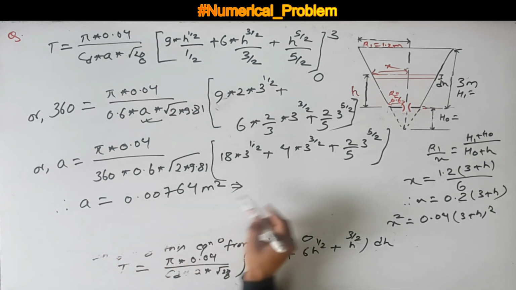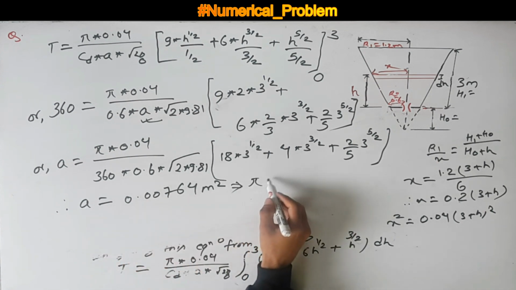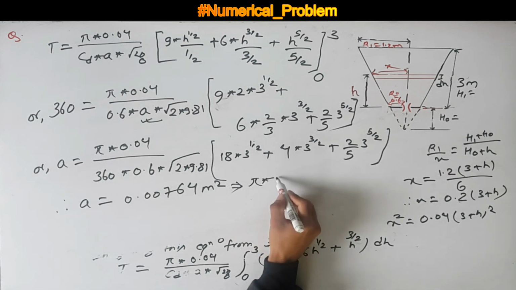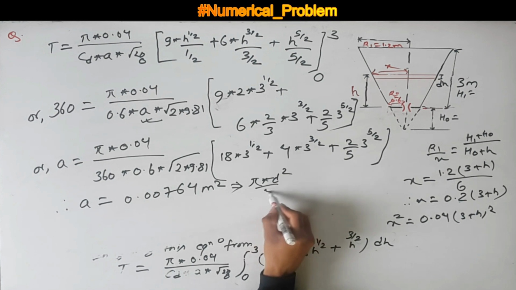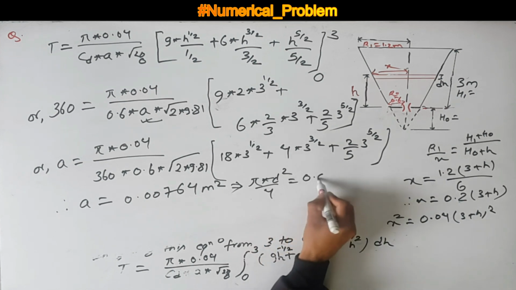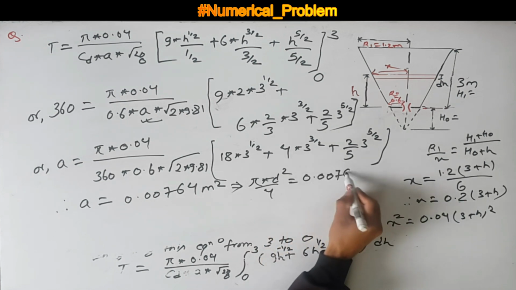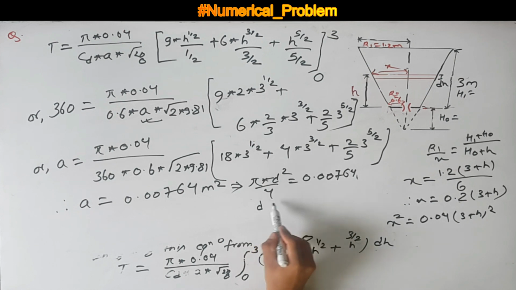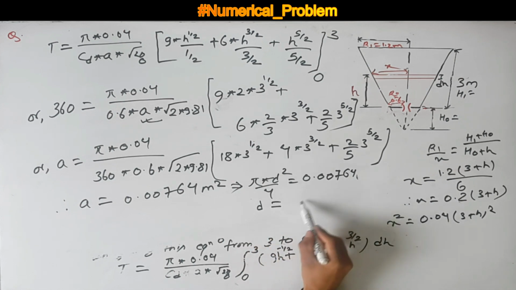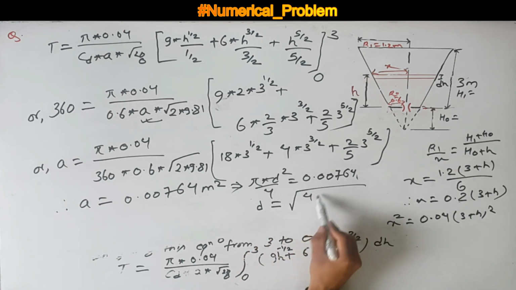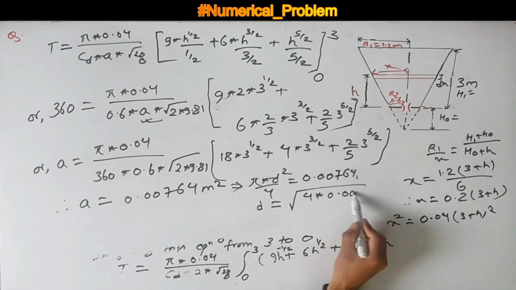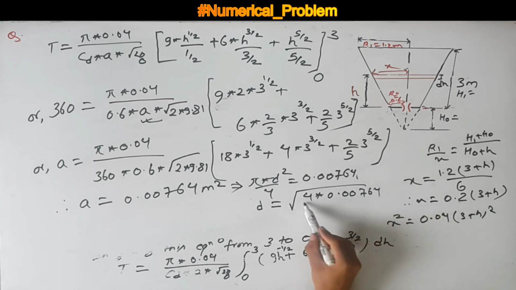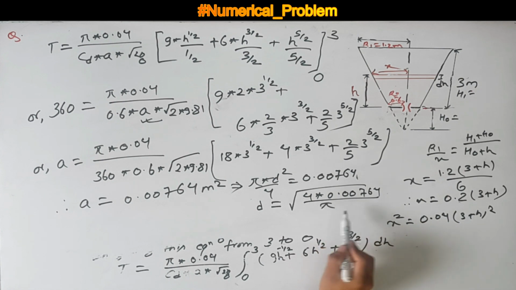Equate with this formula. Area of the orifice is circular, so area of circle is pi d square by 4 equal to 0.00764 meter square. Here we can find the value of d. This is root under 4 into 0.00764 upon pi.